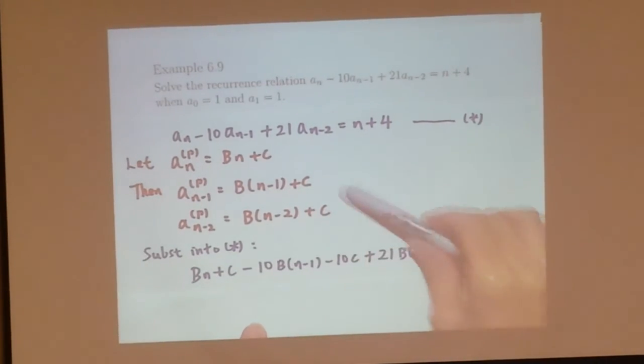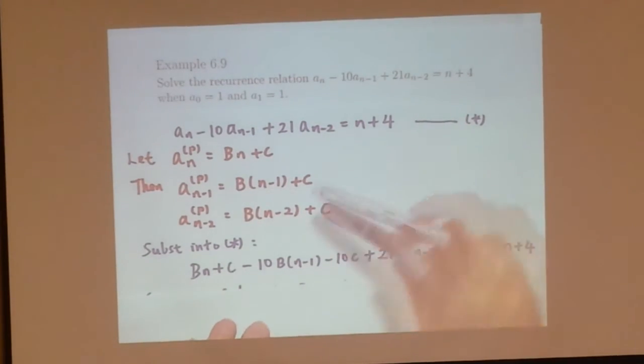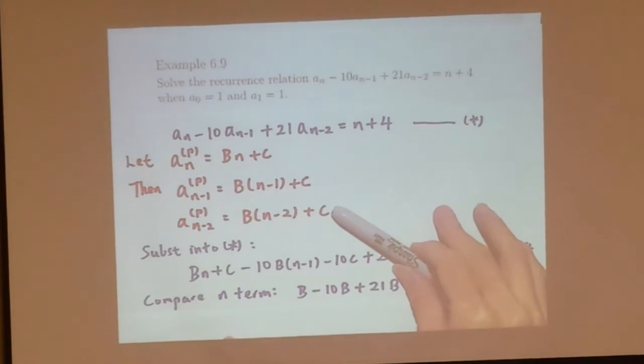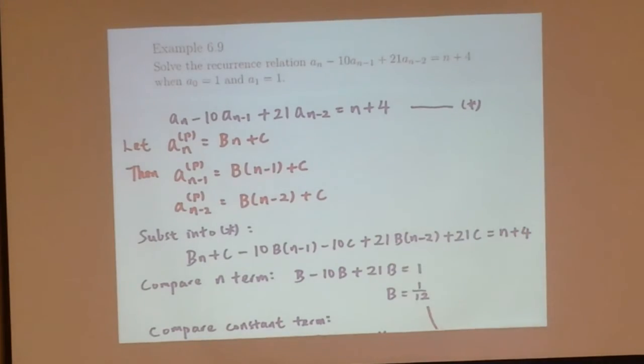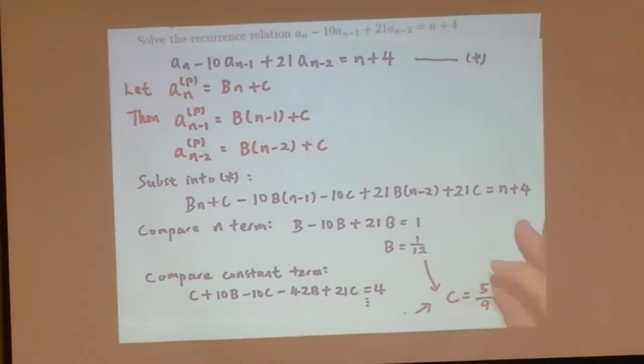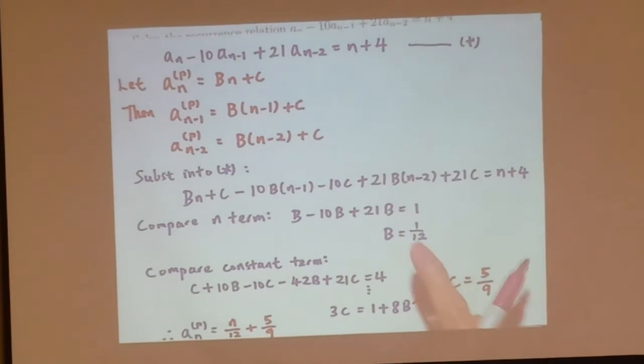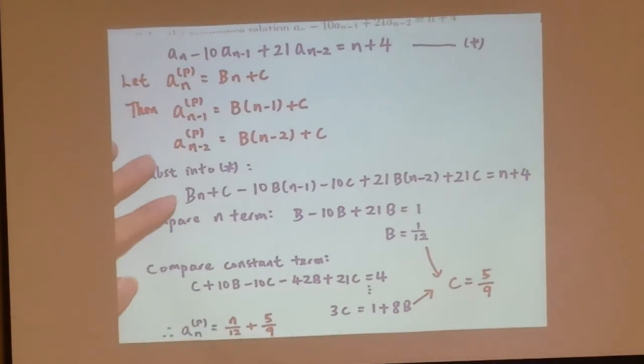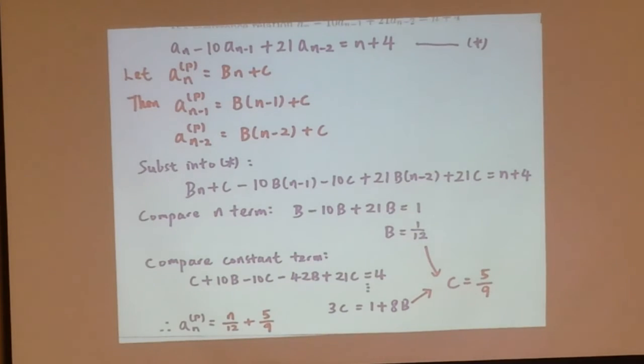So you substitute in, and then you can compare the n term and compare the constant term. And then you can solve for b and c. So this is 6.9. Then we have 6.10, 6.11, 6.12.